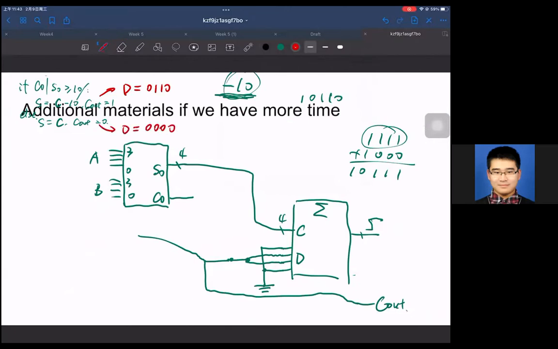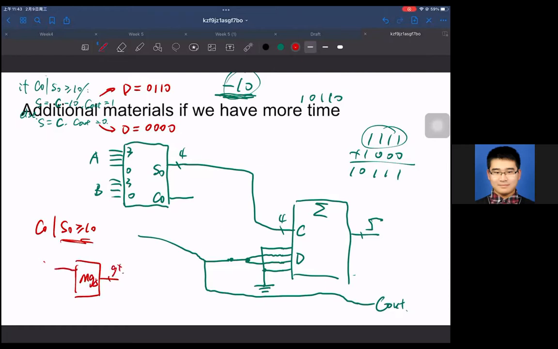Okay, so how do we generate the signal of CO or SO greater than 10? Of course, there's one module we can directly use. What is that? Magnitude comparator. For example, we can do the following. Let's say this is a magnitude comparator, and this is a GT signal.